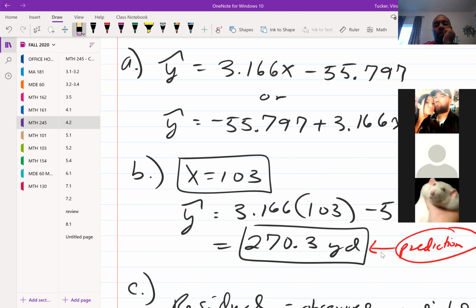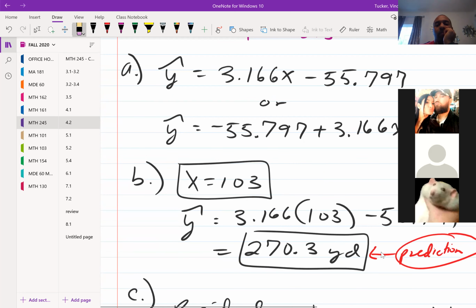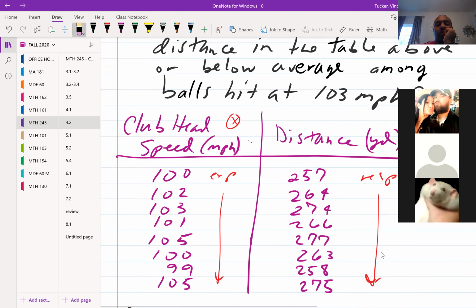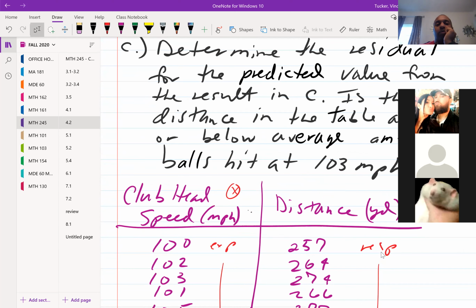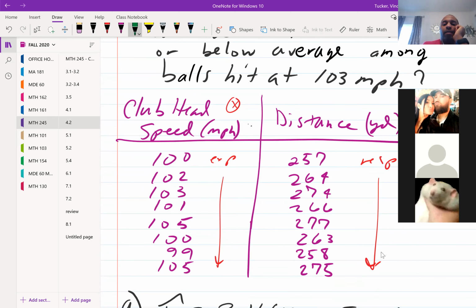All right, any problems with that? Going to C, determine the residual for the predicted value from the result in B. Is the distance in the table above or below average among balls hit at 103 miles per hour? So when we go to our table, notice we have an observation at 103 miles per hour.